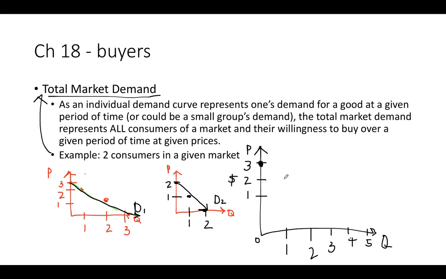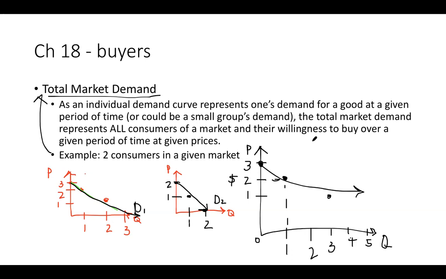So at price equals to 2, we go down here to our x-axis, quantity equals 1, when our price equals 2 right here. Okay, so same thing with 1. I'm going to add together 2, and I'm going to add together 1, so I get 1, 3. And so from there, I can draw my total market demand, okay?